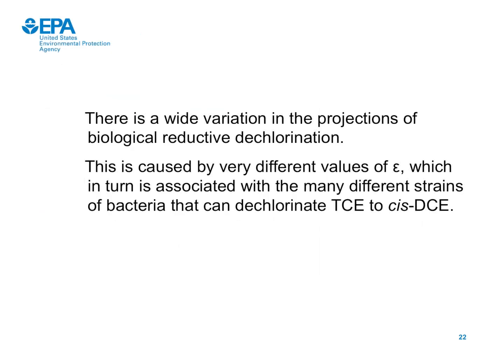So if we're looking at just TCE and we're looking at reductive dechlorination, it's really not all that helpful to us because of the very different values of epsilon. This is related to the fact that there are a lot of different kinds of bacteria that can degrade TCE to cis DCE using different mechanisms and producing different fractionations.